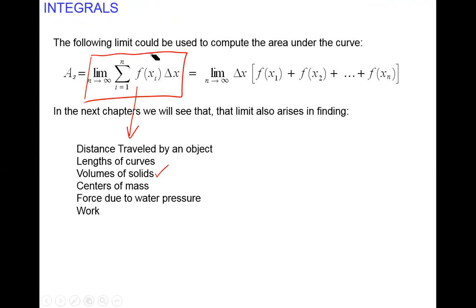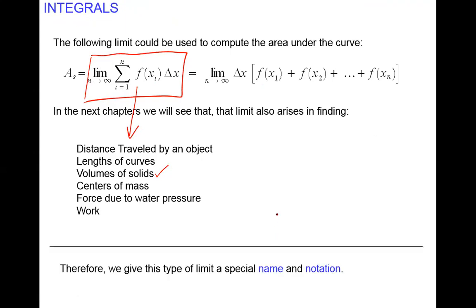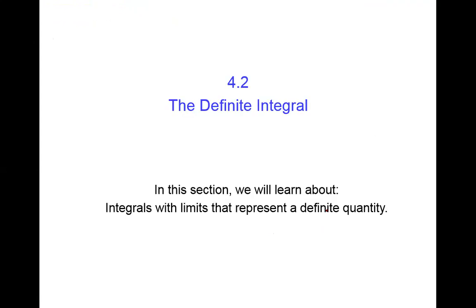We like approximating. And since this limit of the sum has lots of applications, we need a special name and special notation. The name is the definite integral, which of course I will stop there, and tomorrow's session will cover section 4.2.